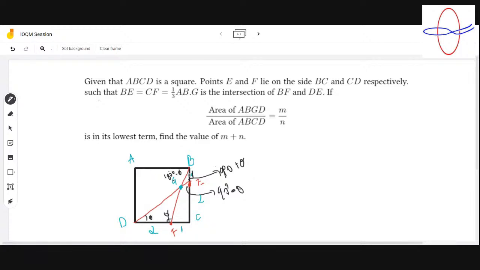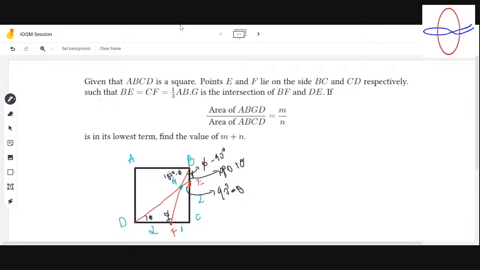Since it's parallel, this must be something such that this plus this is equal to phi minus 90 degrees, right?